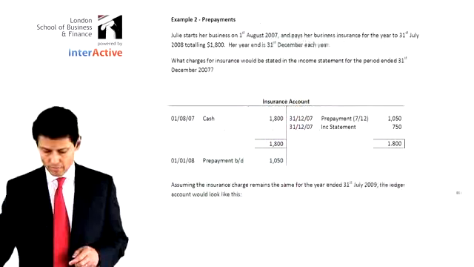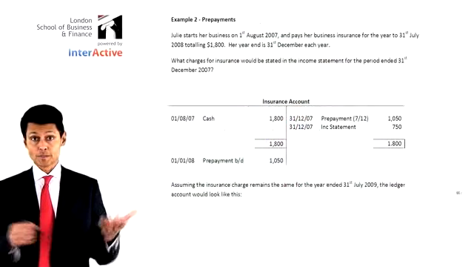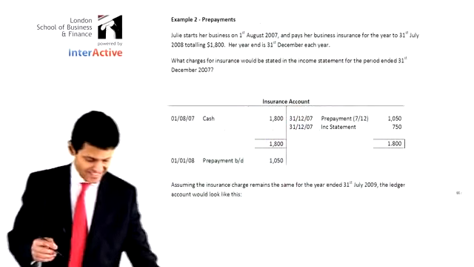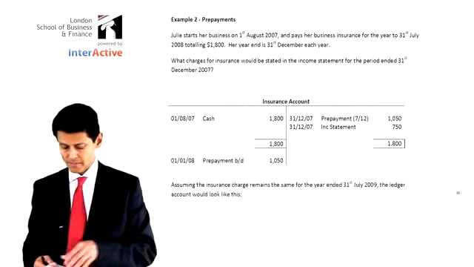Now, what I'd like very much to do is to take you on to another little exercise in this sort of area. For that, please, would you turn to your notes? We were saying earlier, the opposite of accruals, of course, are prepayments. So how do we deal with these prepayments?